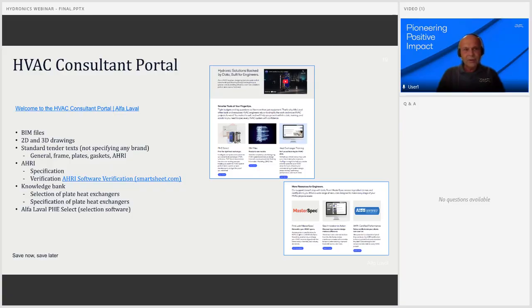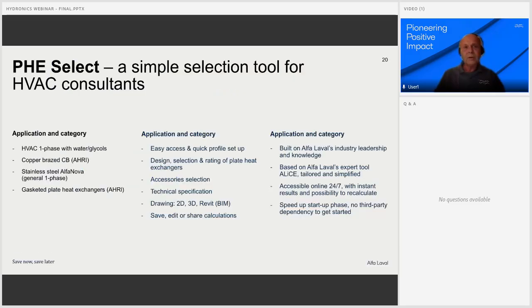We have a lot of information regarding the frame, HRI, specification. The certification program is there. There's a knowledge bank that enables you to get specific information about plate heat exchangers and how to select and so on. And there is one important tool that I would like to point out.